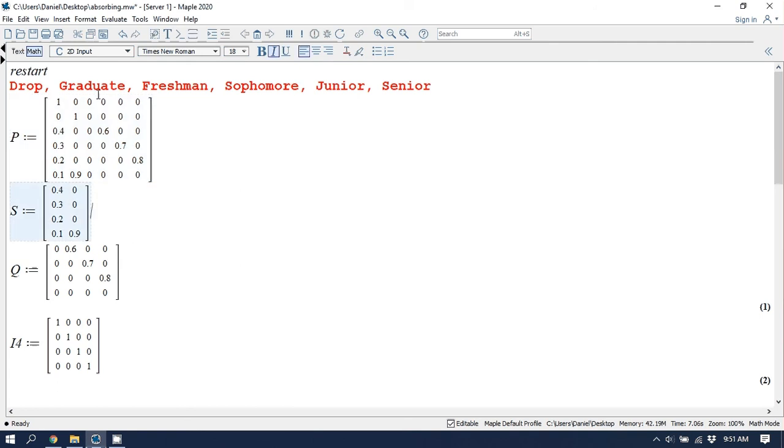So if you split the matrix into 4 pieces, as I showed you before, to isolate the identity matrix in this corner, then the S matrix, and again pay attention because that's important to the rows and columns, the S matrix will be with 4 rows and 2 columns. Because each row is a non-absorbing state, freshman, sophomore, junior, senior, and each column is an absorbing state, dropped, graduated.